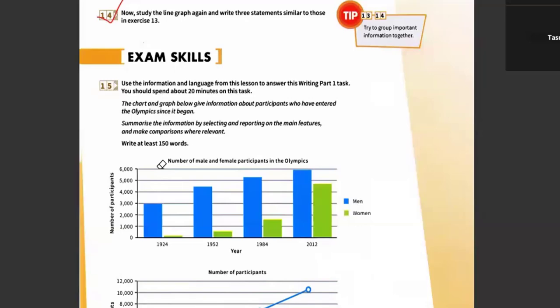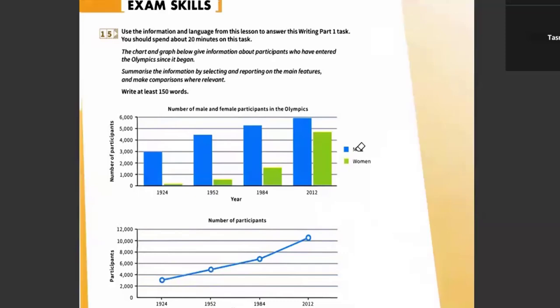Okay, so for this activity here, the exam skill of our second unit, we have the chart and a graph below, and we have been given information about participants who have entered the Olympics since it began. So what we have to do is summarize the information by selecting and reporting on the main features and make comparisons where relevant.